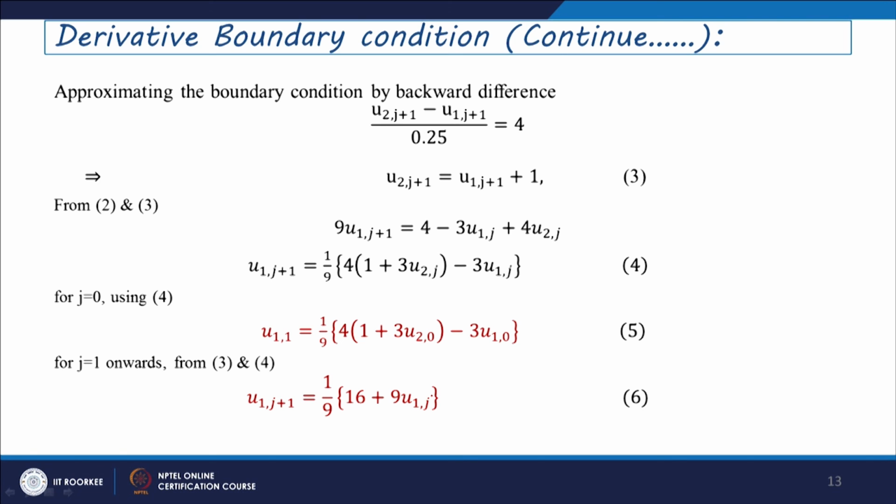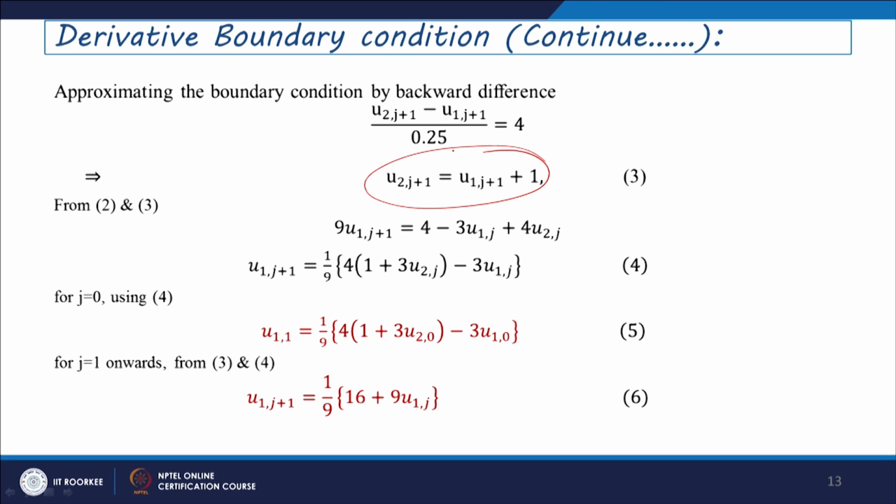So u2,j+1 can be written as u1,j+1 plus 1. From equations 2 and 3, we can write 9 u1,j+1 equals 4 minus 3 u1,j plus 4 u2,j. And u1,j+1 can be written as 1 by 9 into (4 into 1 plus 3 u2,j minus 3 u1,j).